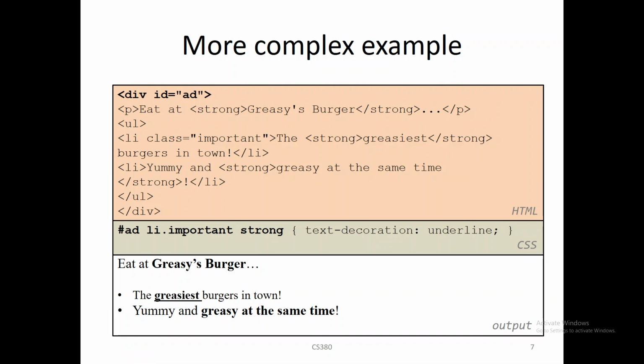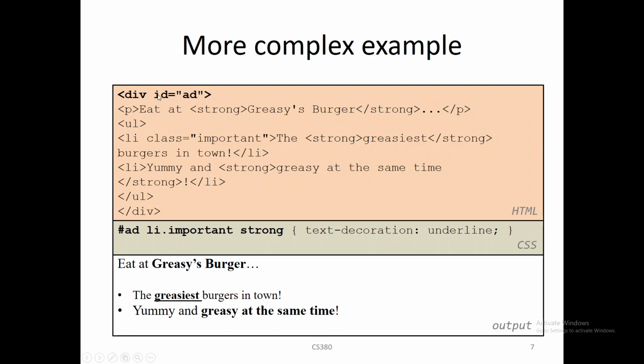So, a little bit more complex example. What I'm trying to do here is, again, select an element called strong, but it needs to have a certain context, right? So what is its context? It must be a descendant of this element, an li element with the class name important. But this also needs to be the descendant of this element. Let's take a look into the HTML here.